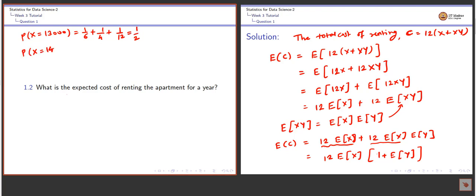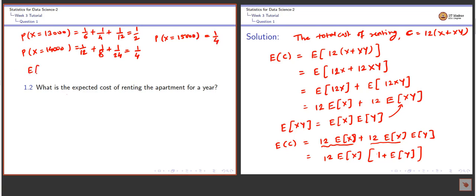Similarly, the probability that x equals 14,000, from the table, is 1 by 12 plus 1 by 8 plus 1 by 24, which is nothing but 1 by 4. Similarly, for x equals 15,000 it is 1 by 4.